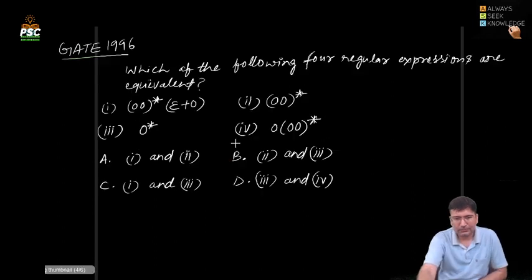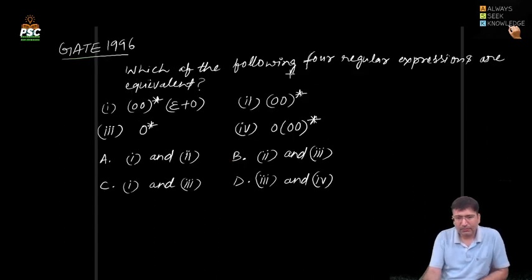Now, the last, which of the following regular expressions are equivalent? So this is a very easy thing. Now this regular expression, the very first one, will generate an even number of zeros. So either 0 times, or 2 times, 4 times, 6 times and so on. If you combine this with null, that means it is going to give you even times 0.